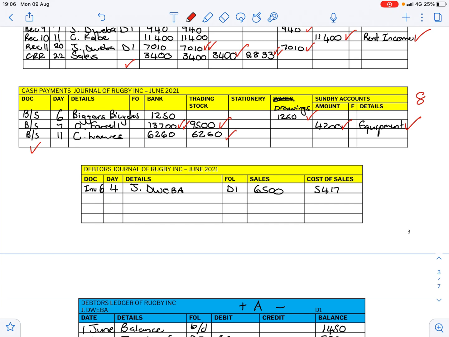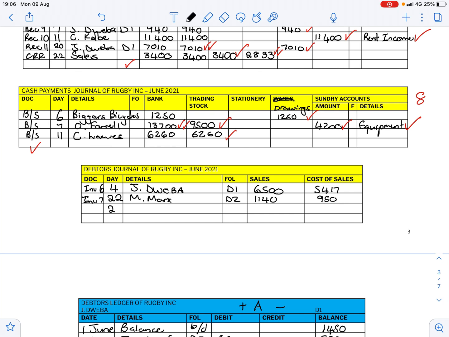So the date was the 22nd with invoice number 7 to M Marks, who's debtor number 2, and he's purchasing 1,140 Rand worth of goods. We have to work out our cost of sales, which, once divided by 1.2, gives us 950.